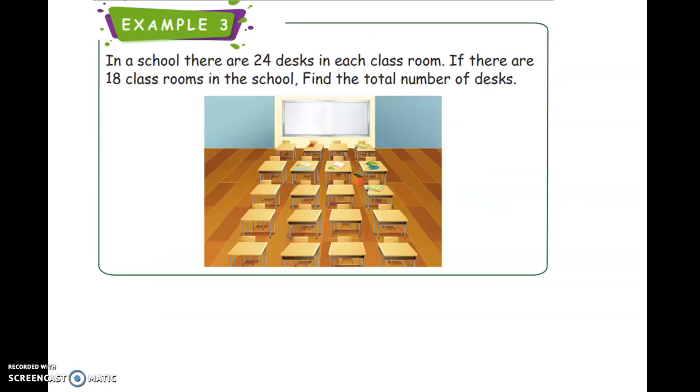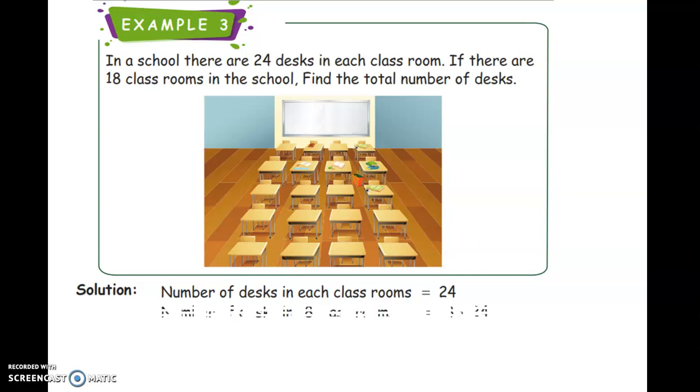Okay friends. Example 3. In a school, there are 24 desks in each classroom. If there are 18 classrooms in the school, find the total number of desks. Solution: step 1, number of desks in each classroom, 24.